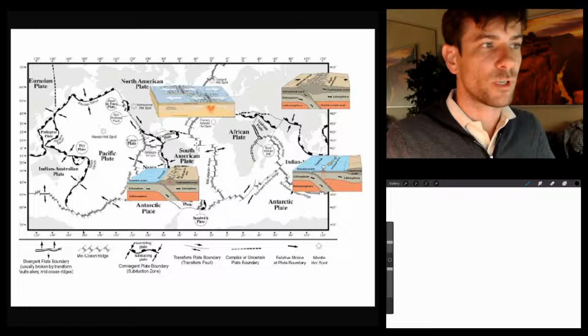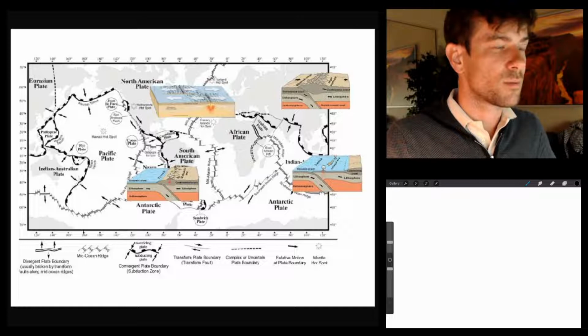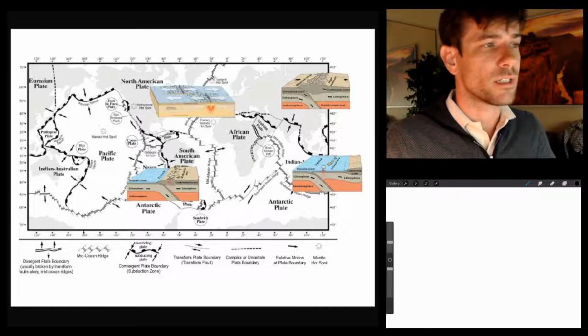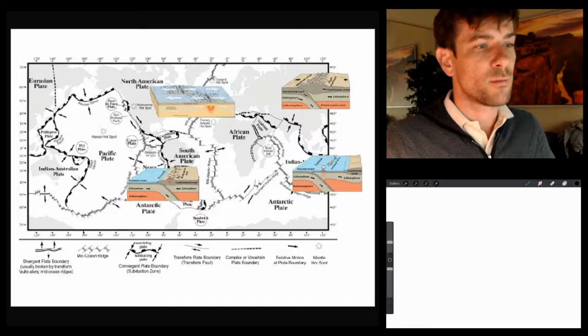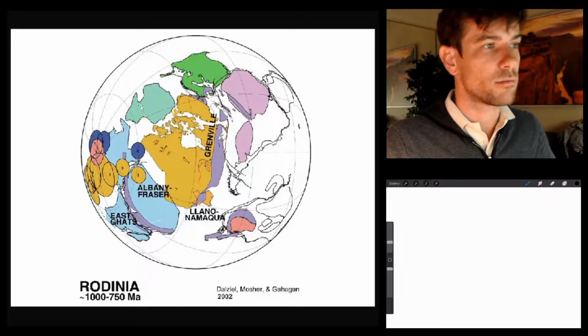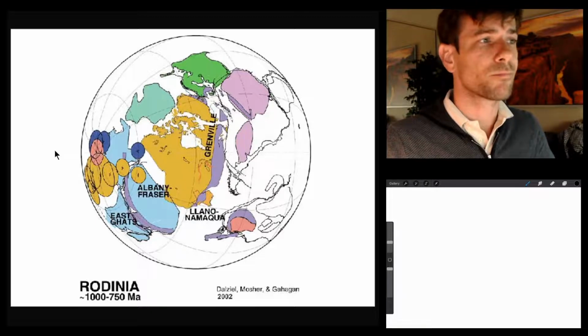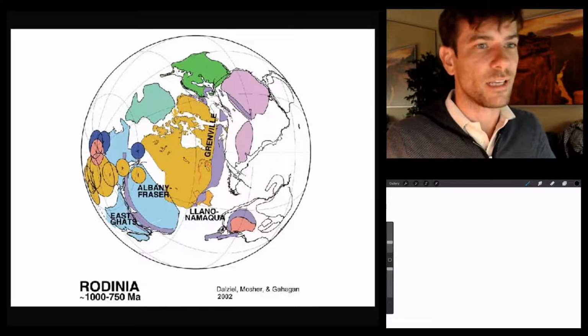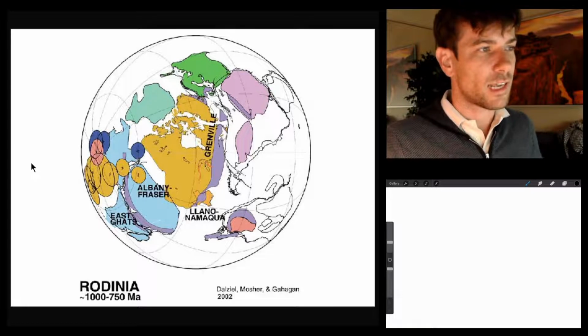That's a really good question. And the answer is something that I kind of alluded to a moment ago: continental crust is a really effective insulator. And so if you put the continents all together like this, all clustered together, what ends up happening is that the Earth is just like this heat engine.